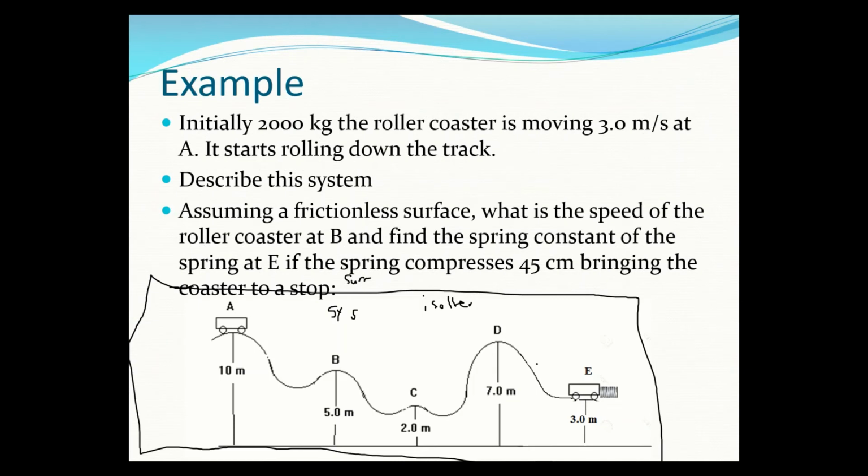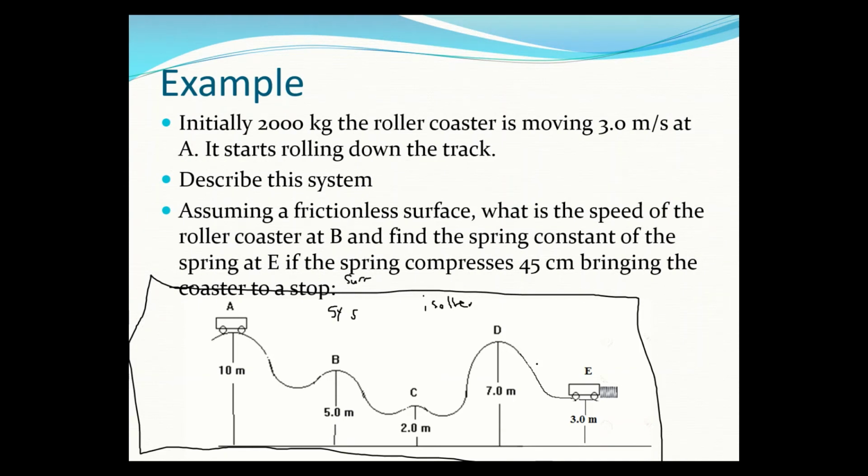I'm going to draw out the roller coaster picture so I can write it on my board here. I'm just drawing. So this is A, B, C, D. This is 10 meters.